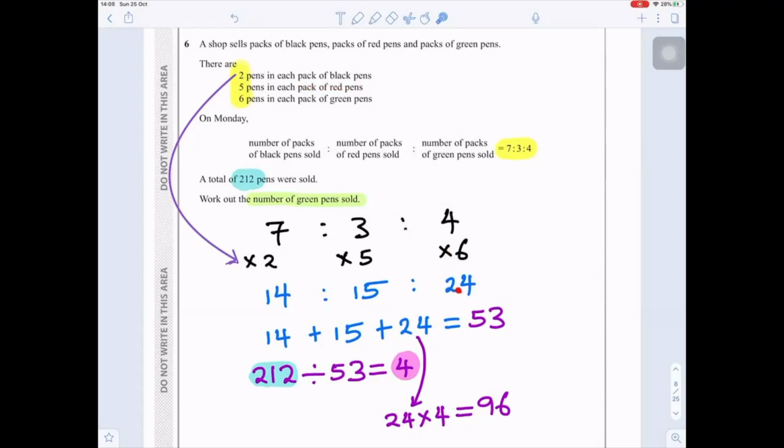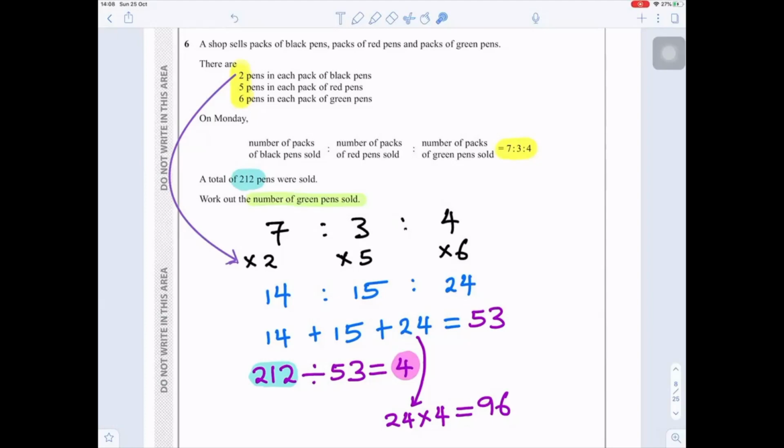And 6 times 4 is 24. You add them to get the total. 14 plus 15 plus 24 is 53. And what you do is 212 divided by 53, it gives you 4. So you multiply 24 times 4, it gives you 96.